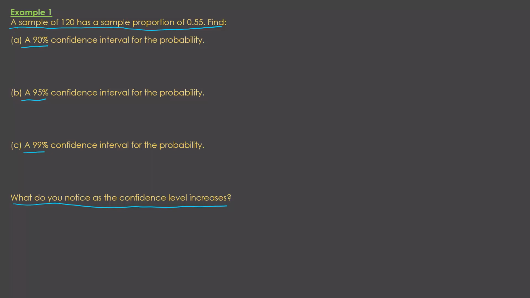Well, we're going to need the standard deviation for each of these. So that's going to be the square root of 0.55 times 0.45, which is 1 take away 0.55, and divide by 120.